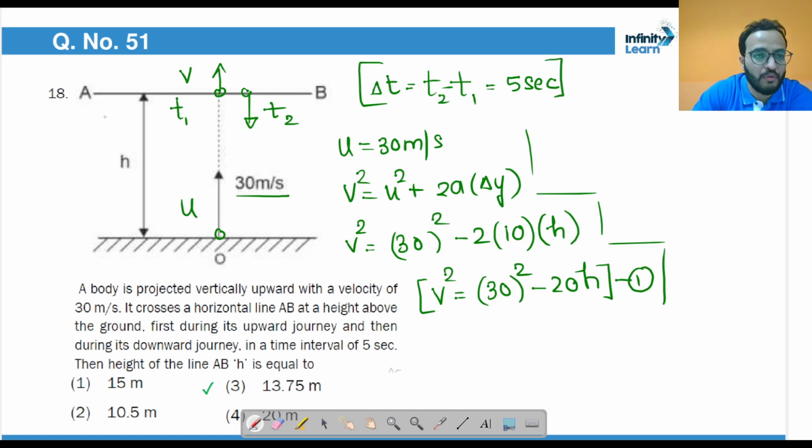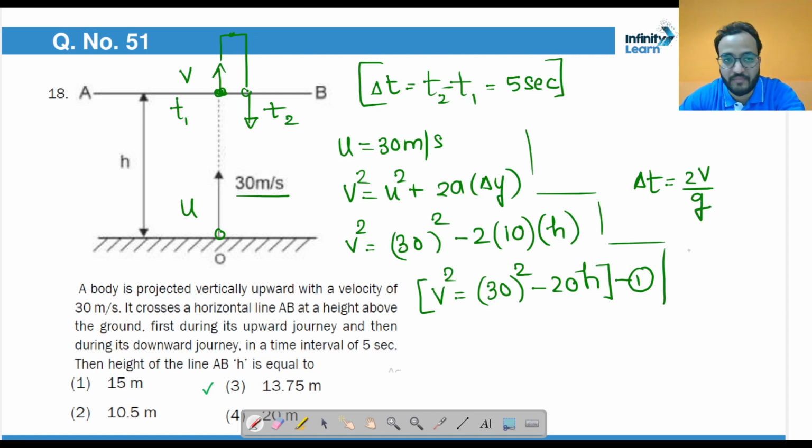See, if you look at this point, v is the initial velocity, it will go to the topmost point and come back. So the time it takes to go to the topmost point and come back is 2v by g, that is the time of flight. So delta t is actually 2v upon g, right?